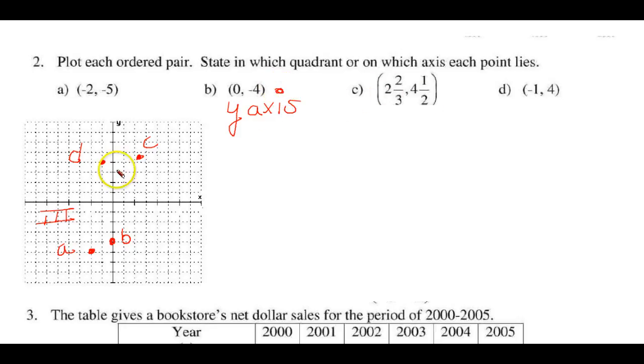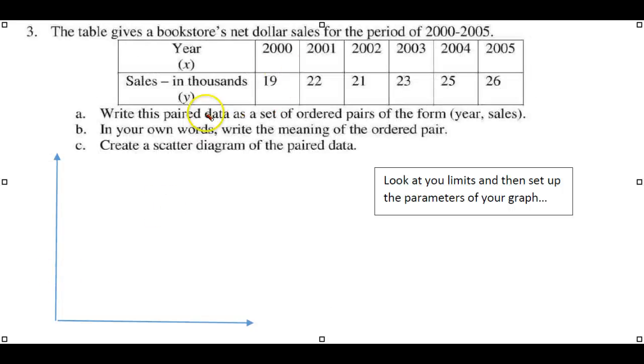And these are both positive, so that's in the first quadrant. And D, since the x is negative, is in the second quadrant. Now, you'll be doing practice on this, and of course your quiz me's, as you develop your mastery skills.